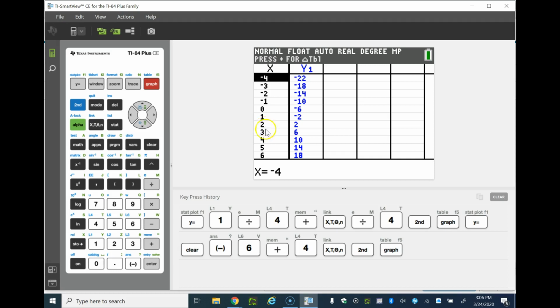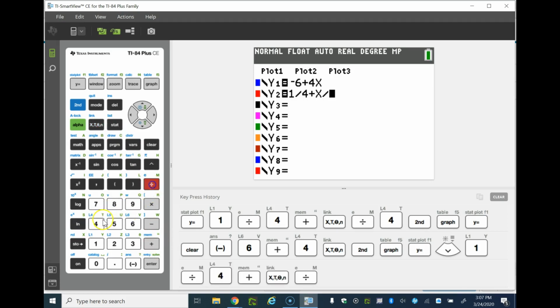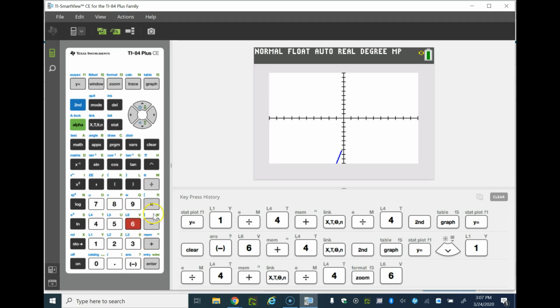These points, it doesn't matter which ones you use. I'm just choosing easy ones: 0 and -6, and then 1 and -2. Once you have both graphs, I put the first equation back in and hit zoom 6 to see what the graph looks like.